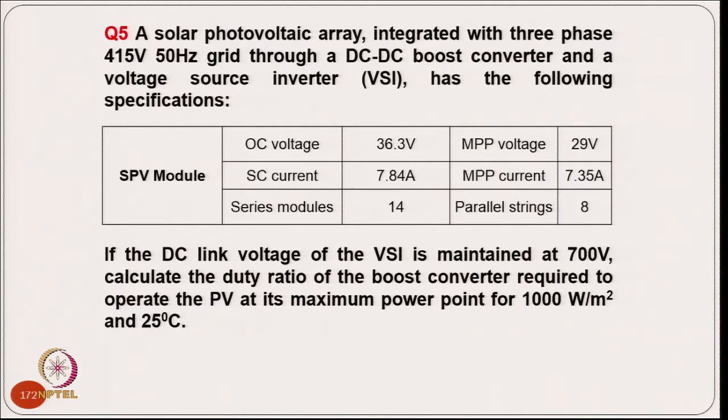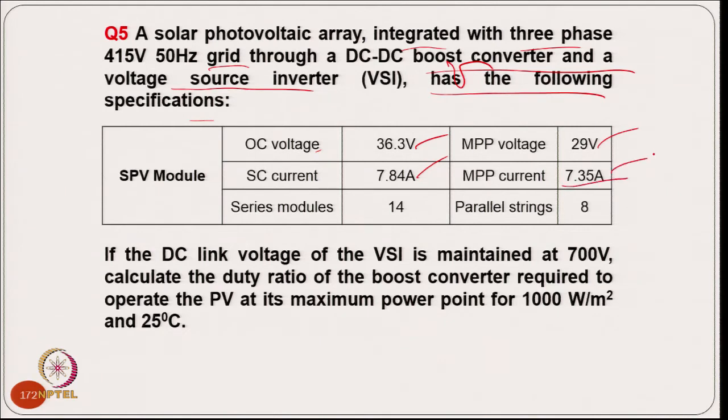So, coming to example number 5: a solar photovoltaic array integrated 3 phase 415 volt 50 hertz system with a DC boost converter and a voltage source inverter has the following specification. The open circuit voltage of a module is 30.6 volt and the MPPT corresponding voltage is 29, and the short circuit current of each module is 7.84 ampere.